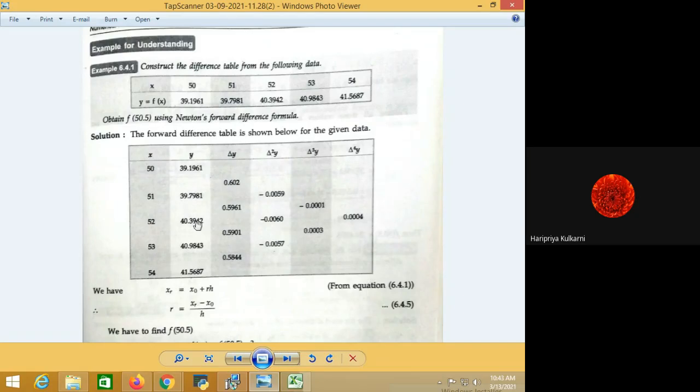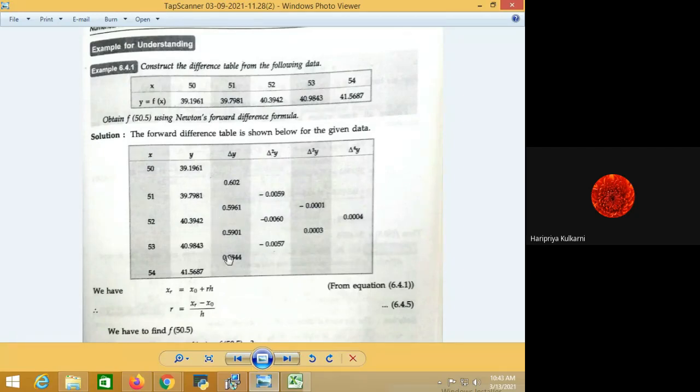Then 40.39 minus 39.79 will give you 0.59. 40.98 minus 40.39 will give you 0.5901. Similarly, 41.56 minus 40.98 will give you 0.58. So you have got delta y: this is your delta y0, delta y1, delta y2, delta y3.